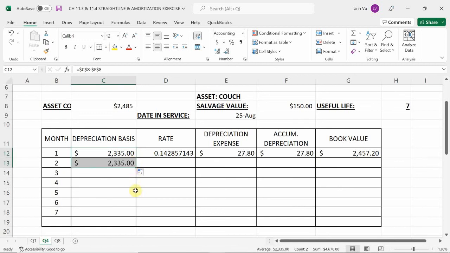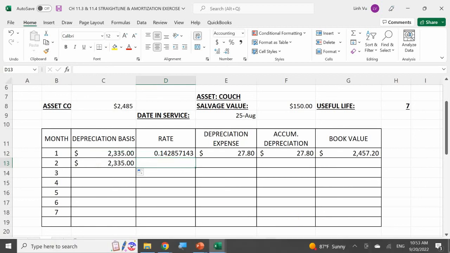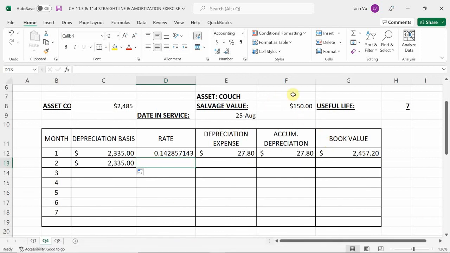So $2,335. What's my depreciation rate? It's going to be the same. That 0.14, because that's 1 divided by 7, right?